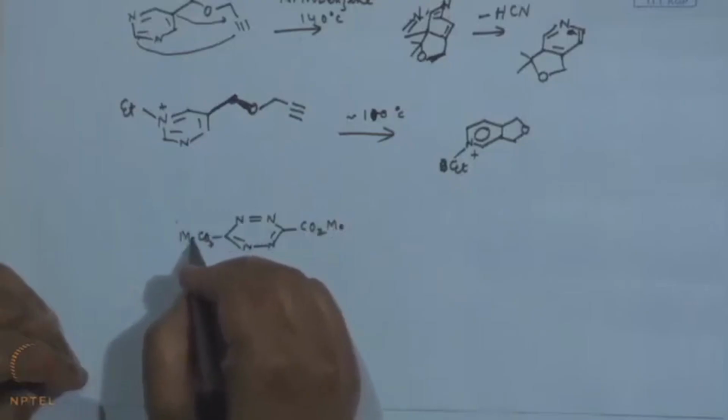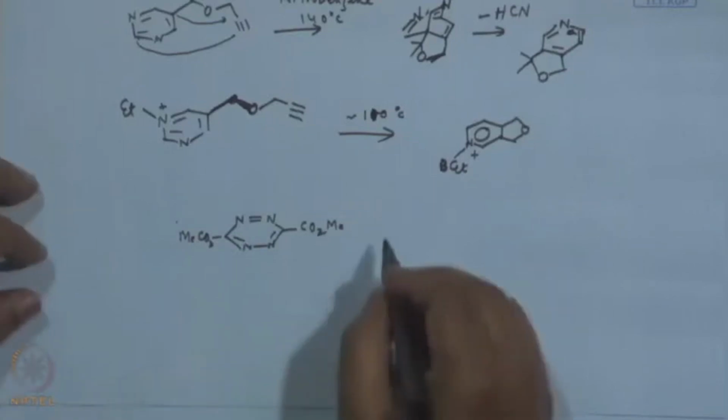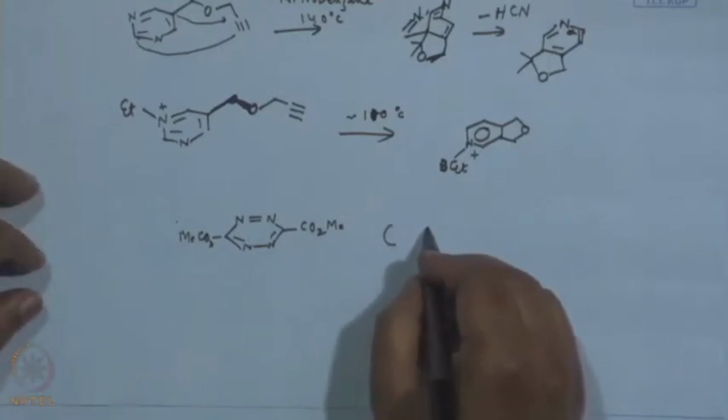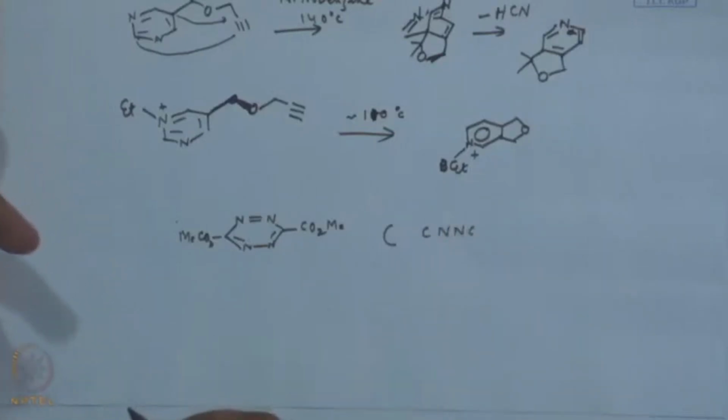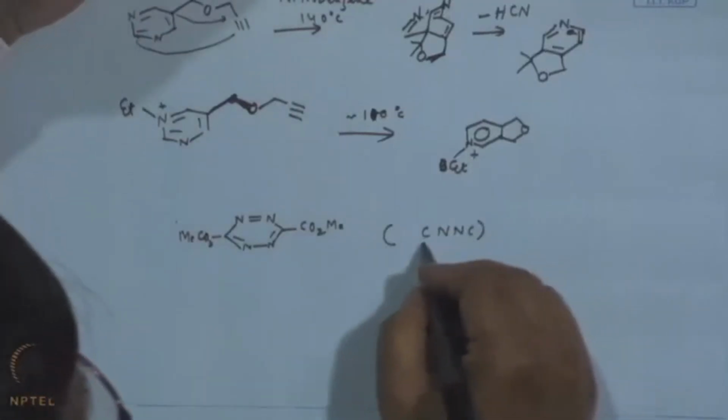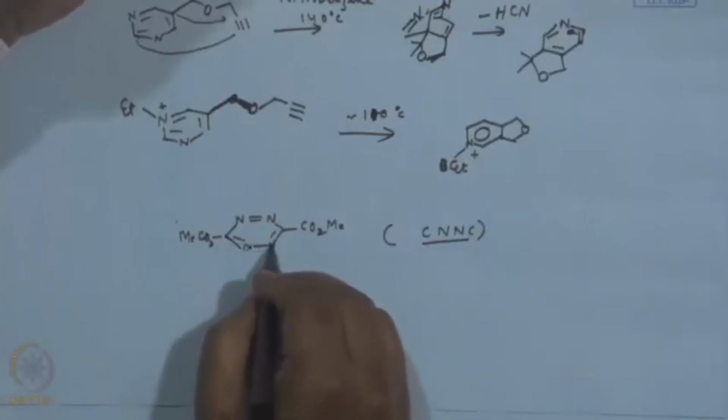People sometimes call this Boger's reagent. So, what does it do? It is equivalent to CNC. All other cases we have seen supply CNCC, right, but this is a case where it provides only CNC.